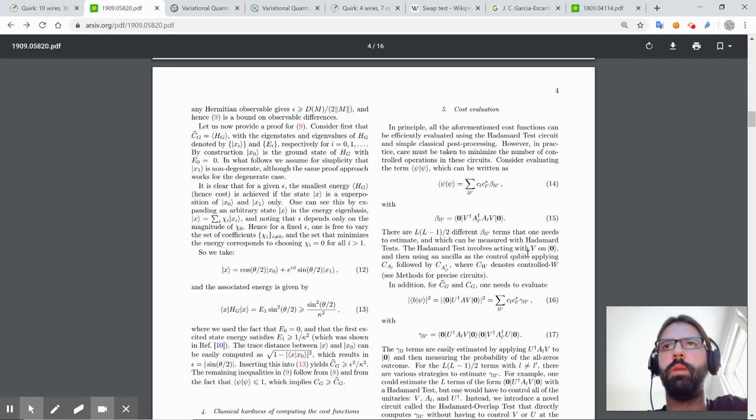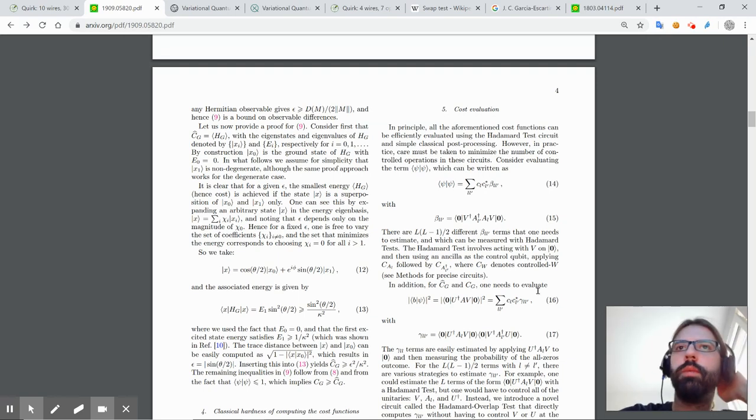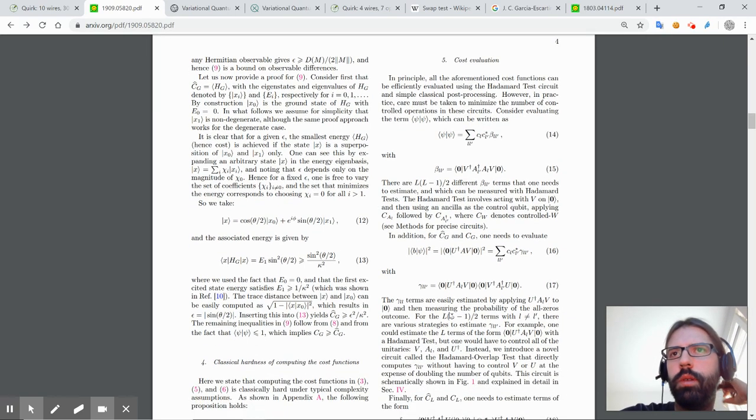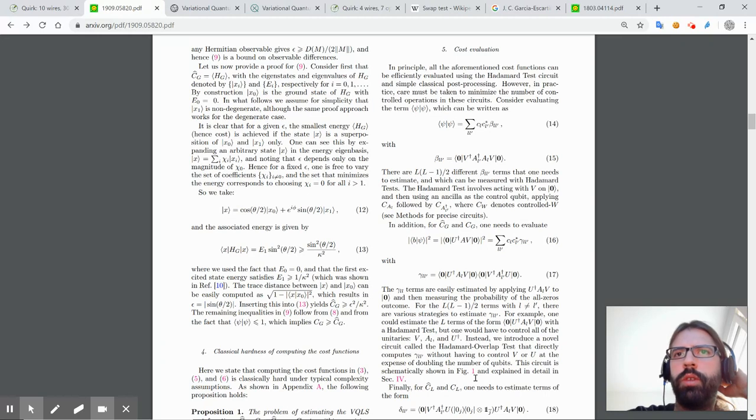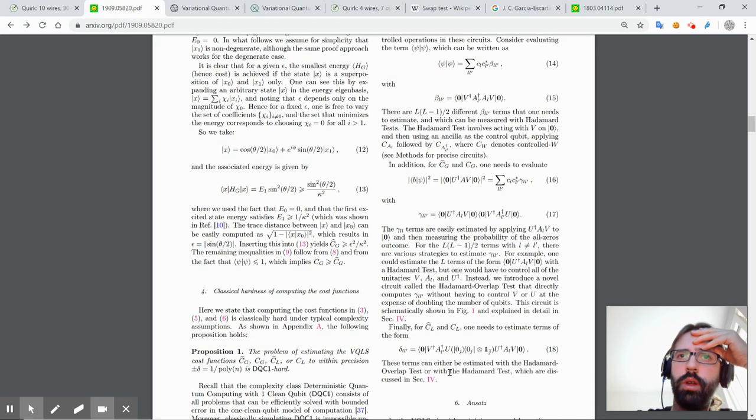The Hadamard test involves acting on V, on 0, and then using an ancilla as a control qubit, applying 0 followed by, and is estimated by measuring the probability of the all-zeros outcome. One could estimate the terms of the form, blah, blah, blah. All the unitaries. Instead, we introduce a novel circuit called the Hilbert-Schmidt overlap test that directly computes this without having to control V or U, at the expense of doubling the number of qubits. This circuit is schematically shown in Figure 1 and explained in detail in Section 4.